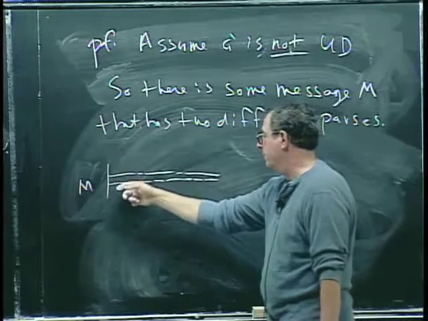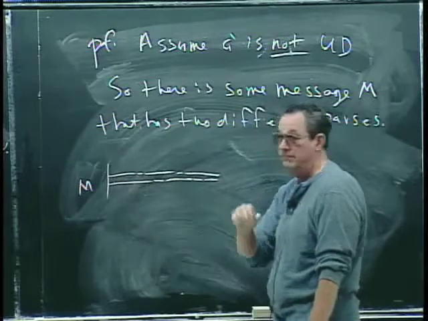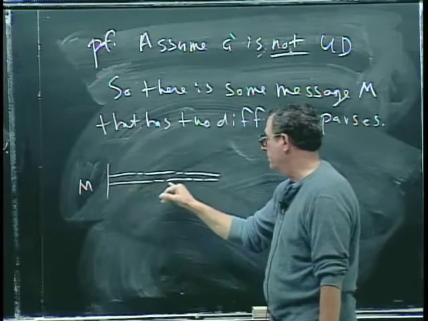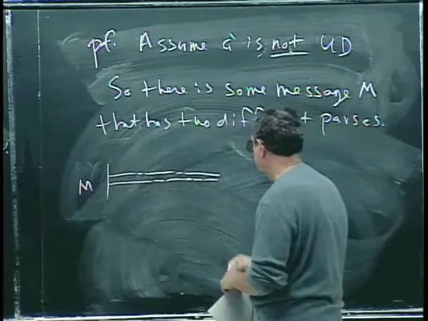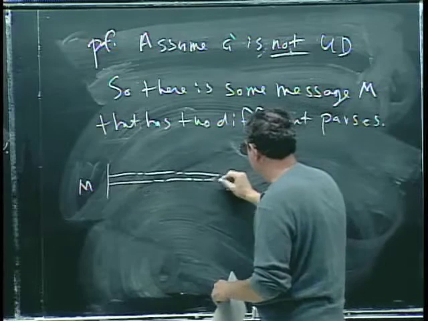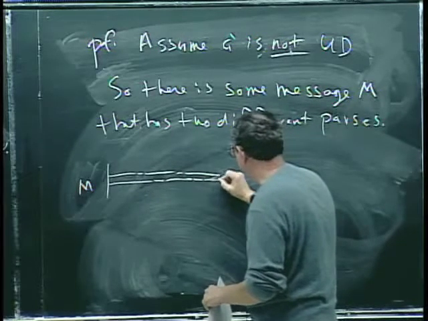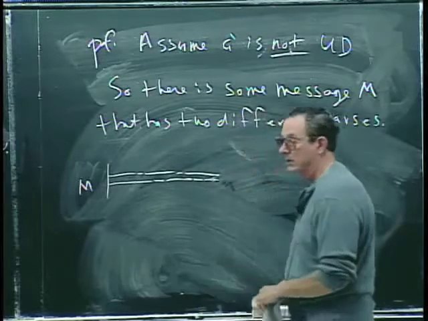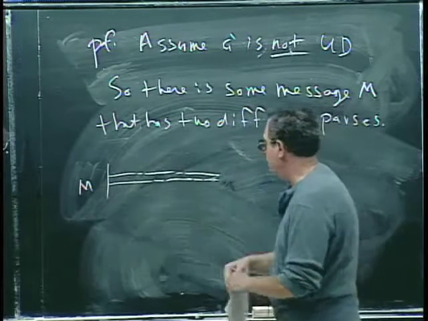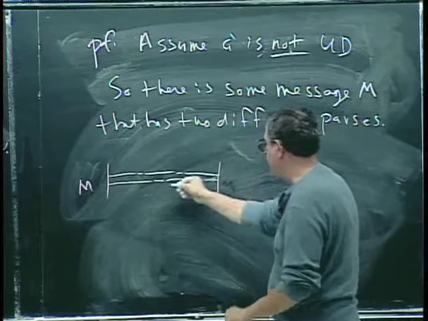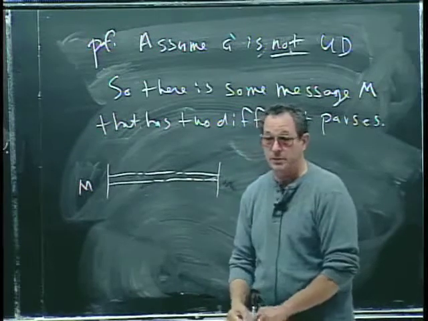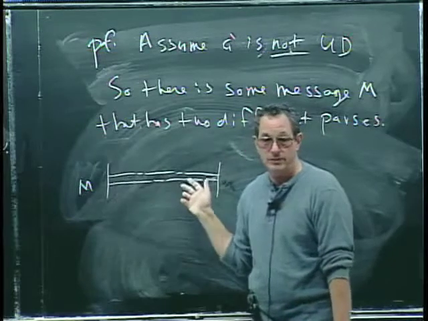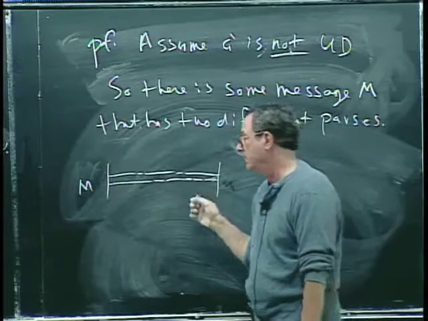This top parse has 1, 2, 3, 4, 5 code words, and the bottom one has 1, 2, 3, 4, 5, 6, just to be sure you're clear that you don't have to have the same number. But they both start and they both end at the same place, so they're both spelling out M. There are two different parses of M, which is why this message is not uniquely decipherable.